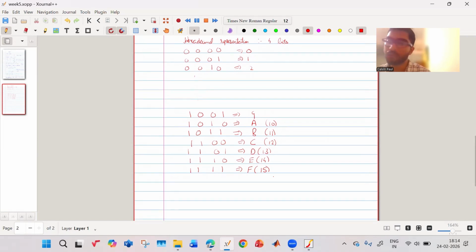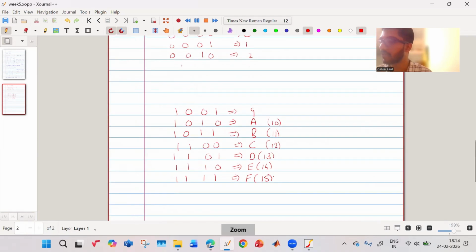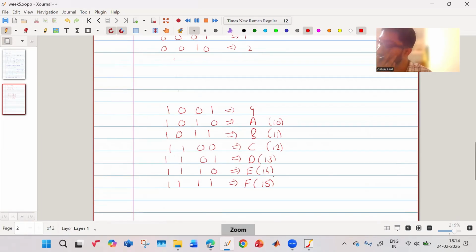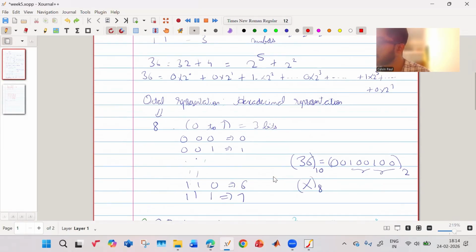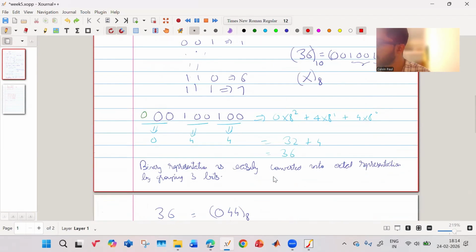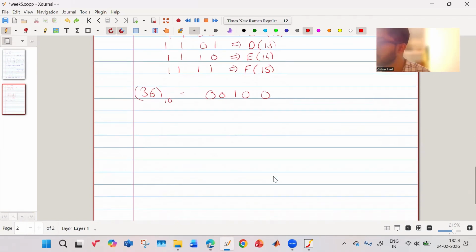So what is the power of hexadecimal representation? What is the advantage which we get when we do hexadecimal representation? Let us take a very simple example, 36. What do we write its binary equivalent as? 0010 0100.